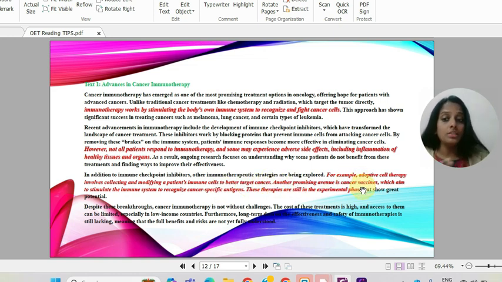So, in the third paragraph, starting from the third sentence, they are discussing about the cancer vaccines, which aim to stimulate the immune system to recognize cancer specific antigens. And these therapies are still in the experimental phase. So that's the question, right? So here, this text specifies that cancer vaccines are still in the experimental phase, while immune checkpoint inhibitors and adoptive cell therapy have already been more established.